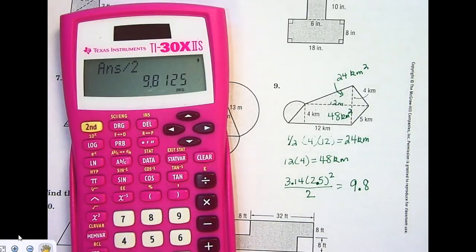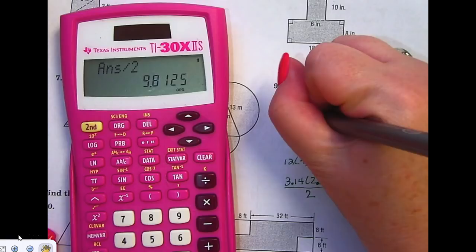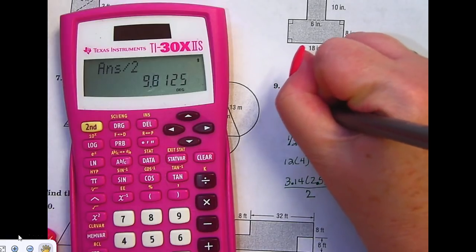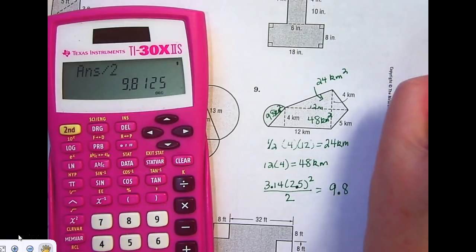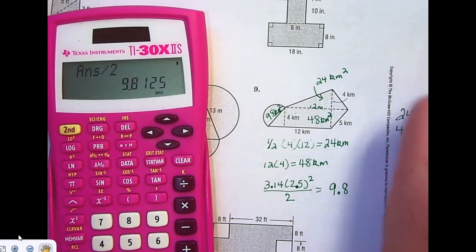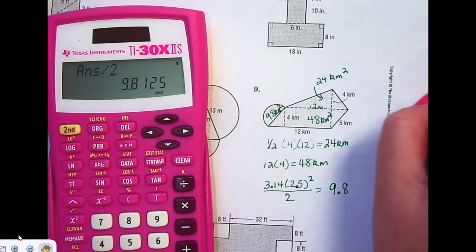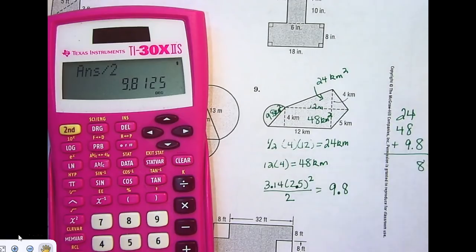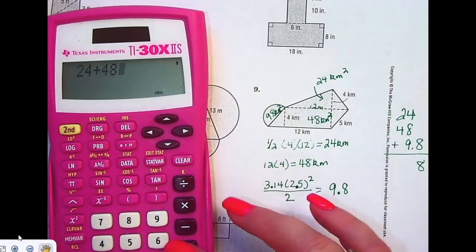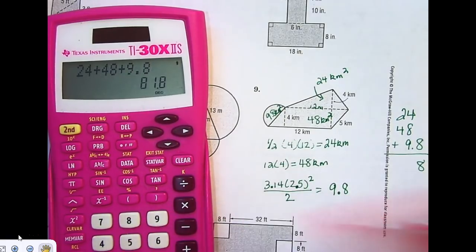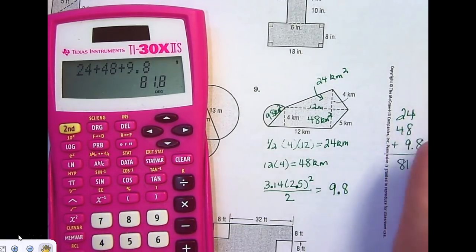And now what do we do? Add them up. So we're going to say 24 plus 48 plus 9 and 8/10. 81 and 8/10 kilometers squared.